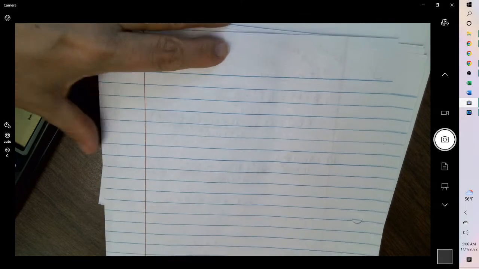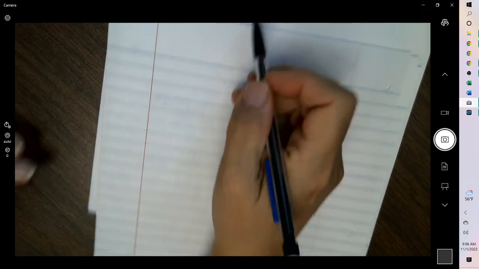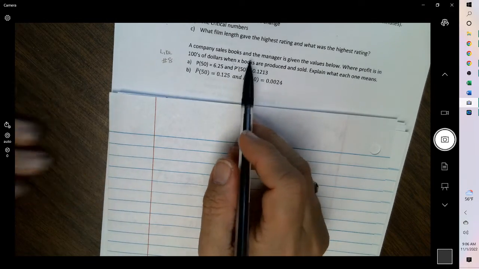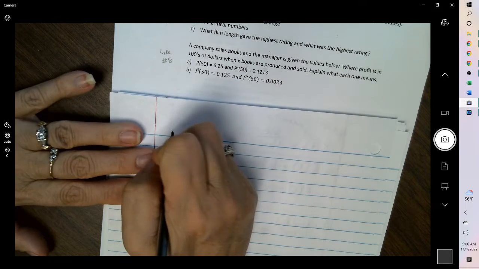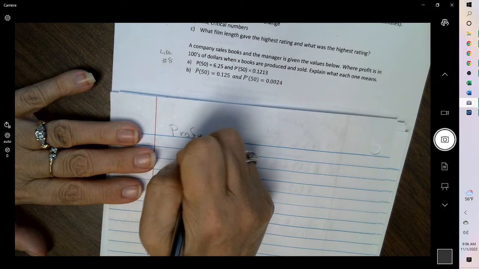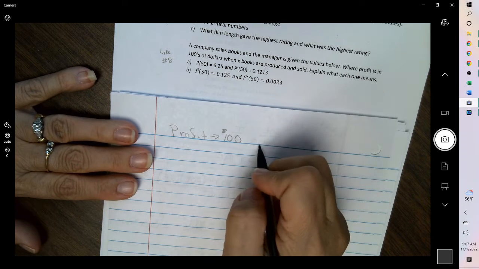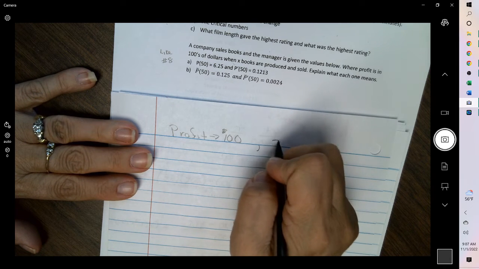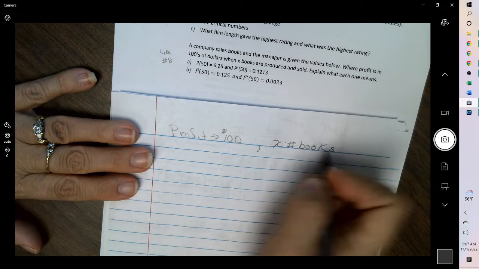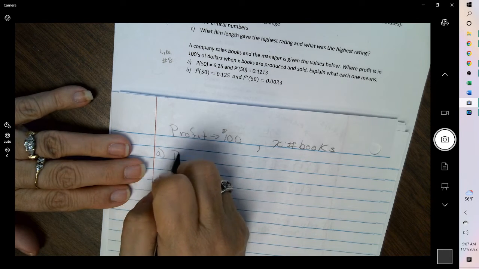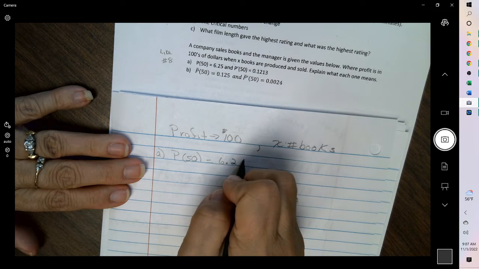This one is just explaining what everything means. A company sells books and the manager is given the values below, where profit is in hundreds of dollars for X books. So P of 50 equals 6.25.